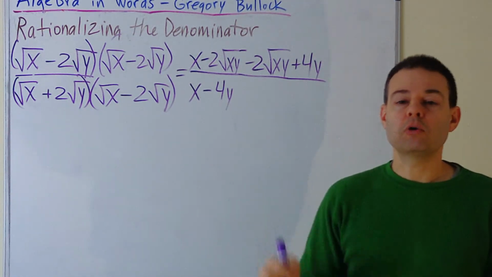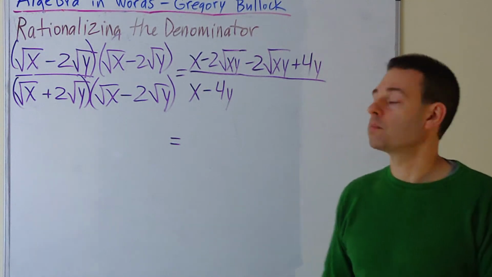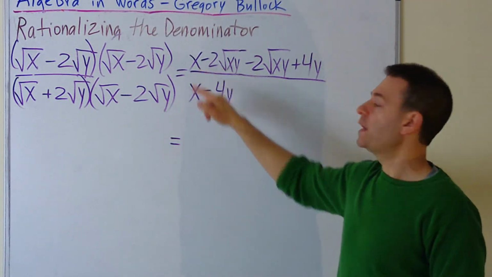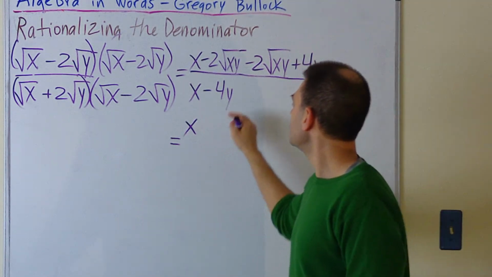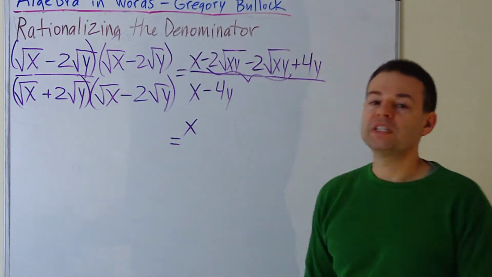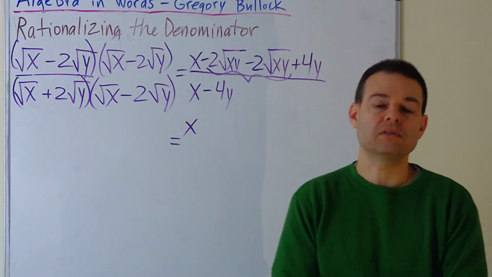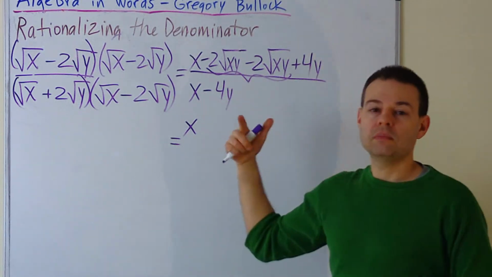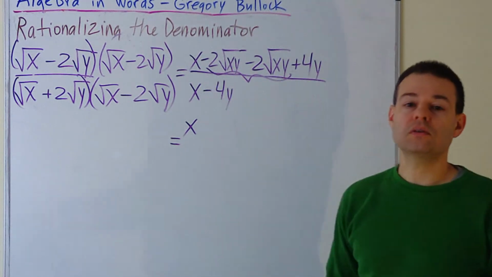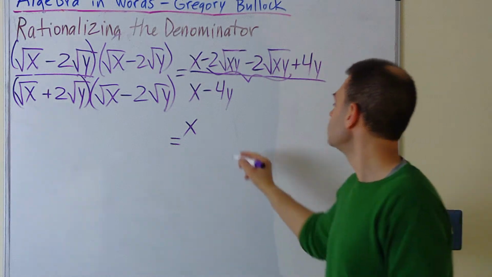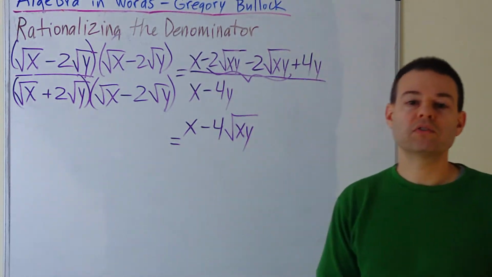Now, in the row below, let's see if we can combine any like terms. First we have x, and there's no other like terms with that, so we're going to rewrite x. But the middle terms are alike, which is what we would expect because we are multiplying a binomial times itself. So add or combine by the coefficients. Negative 2 plus negative 2 is negative 4 square root of xy.